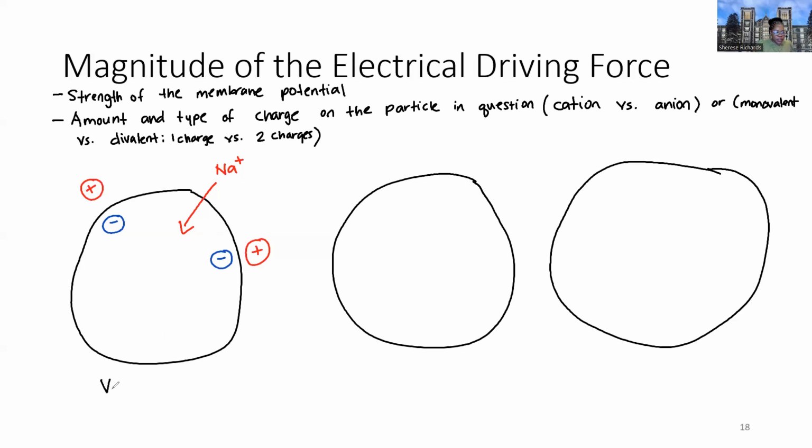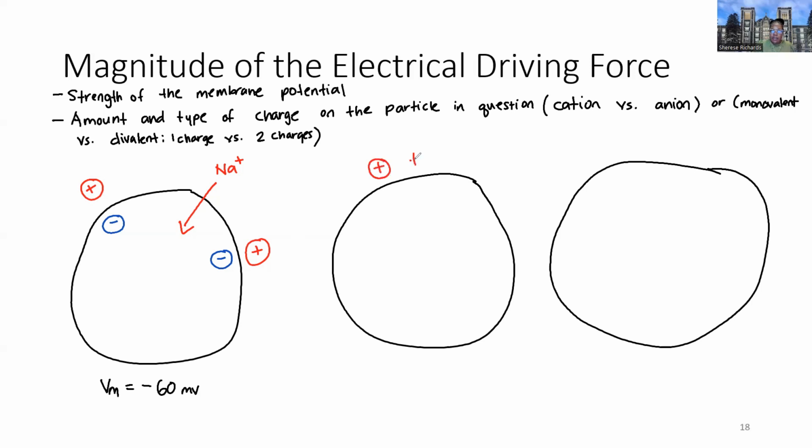So our membrane potential V subscript M is going to be equal to negative 60 millivolts. So what that means is that in this scenario, there is 60 millivolts more negative charge inside the cell than the environment outside the cell, which has an abundance of positive charge. So our membrane potential is -60, and this is the strength with which sodium wants to move to the inside of the cell. Let's look at two other scenarios to look at how the strength or magnitude can change.